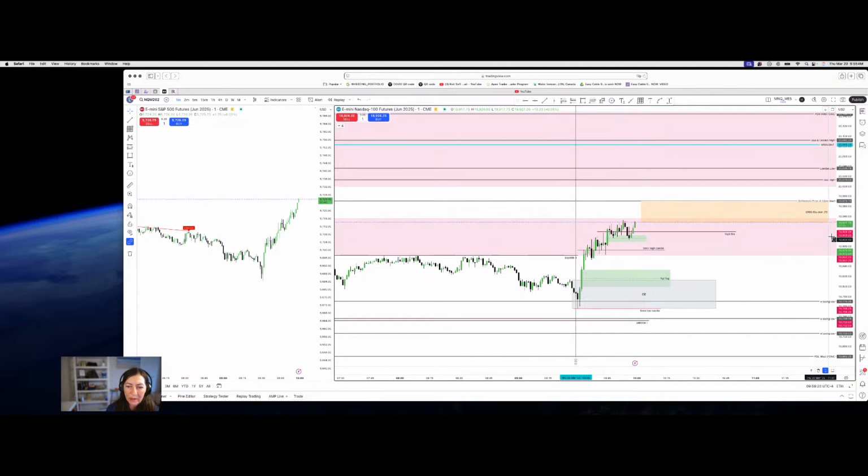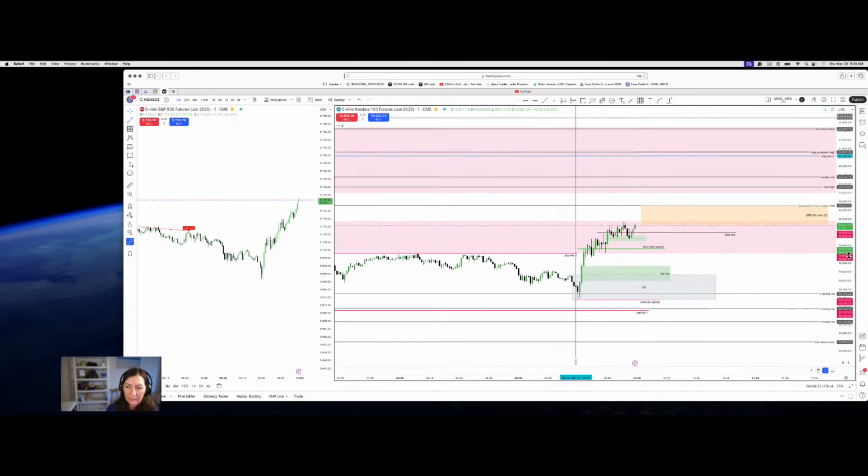Okay, a little bit of a push up. Here's the settlement price from yesterday. You know, we haven't even moved up towards the settlement price with any great energy.